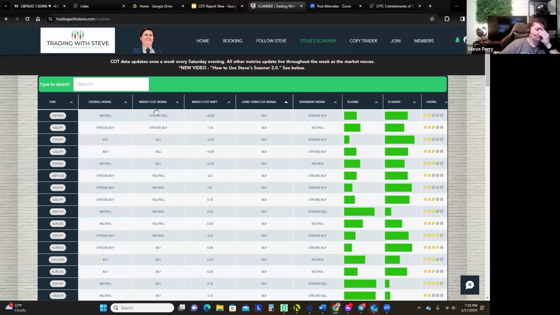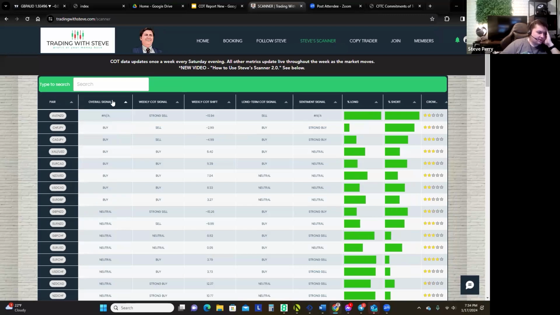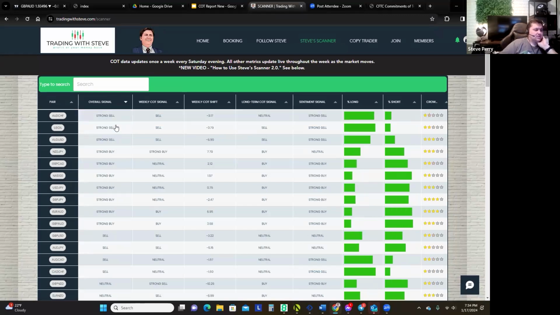So anyway, like I said, all of this information is compiled. And the most important thing when you're looking at the scanner, again, is always the overall signal, because the overall signal takes all this information, the cumulative score across all three metrics, and ultimately decides, yep, this is what we believe.